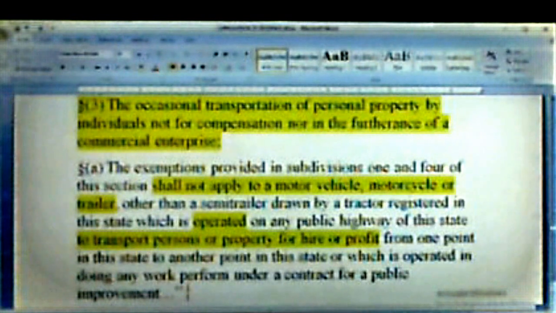It says the exemptions provided in subdivisions 1 and 4 of this section shall not apply to a motor vehicle, motorcycle, or trailer other than a semi-trailer drawn by a tractor registered in this state which is operated on the public highways of this state to transport persons or property for hire or profit from one point in the state to another point in this state, or which is operated in doing any work performed under a contract for a public improvement.